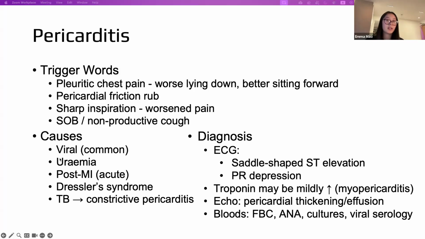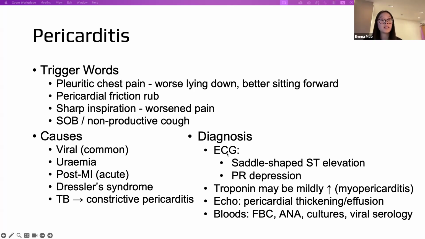So causes of pericarditis can be viral, could be due to uremia, and then also post-MI acutely, and also as Dressler syndrome, which is later on, which is autoimmune. And then TB can cause constrictive pericarditis. We'll have a quick look at that.